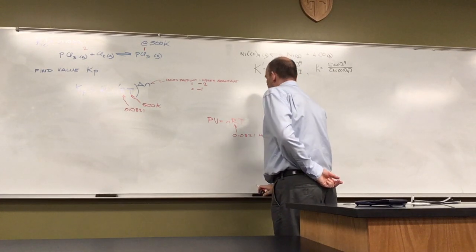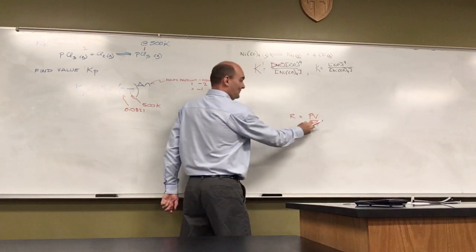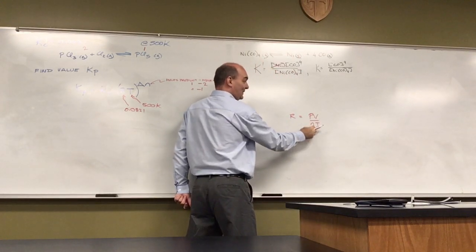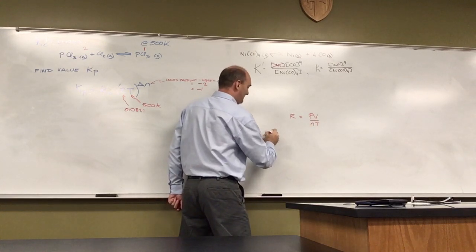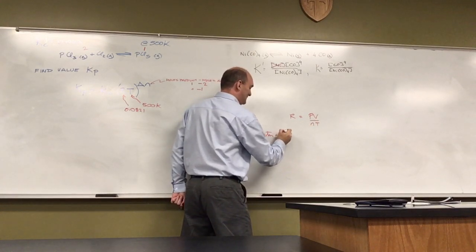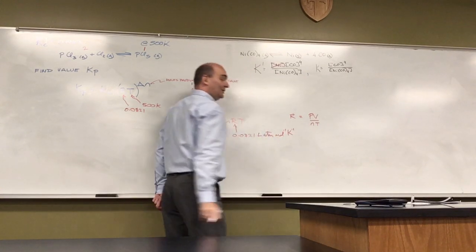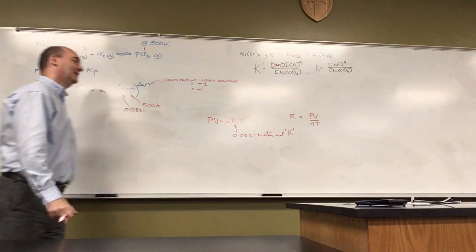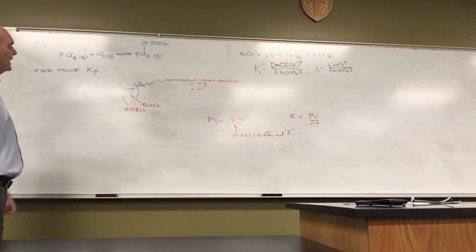So that is liter atmospheres per mole per Kelvin. Easy. There it is. You don't have to remember everything. You can always figure it out. So that's 0.0821 liter atmospheres per mole per Kelvin.